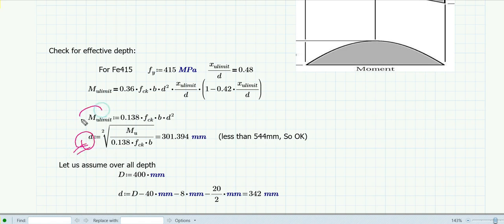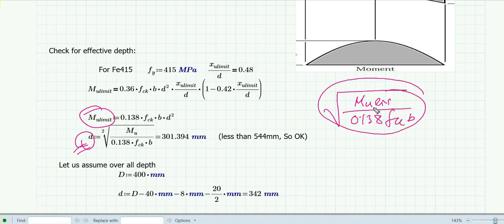From this equation, d becomes the square root of Mu limit by 0.138 fck b, right? Now we need to find out the d for this particular moment. The moment value was something like 131, right?